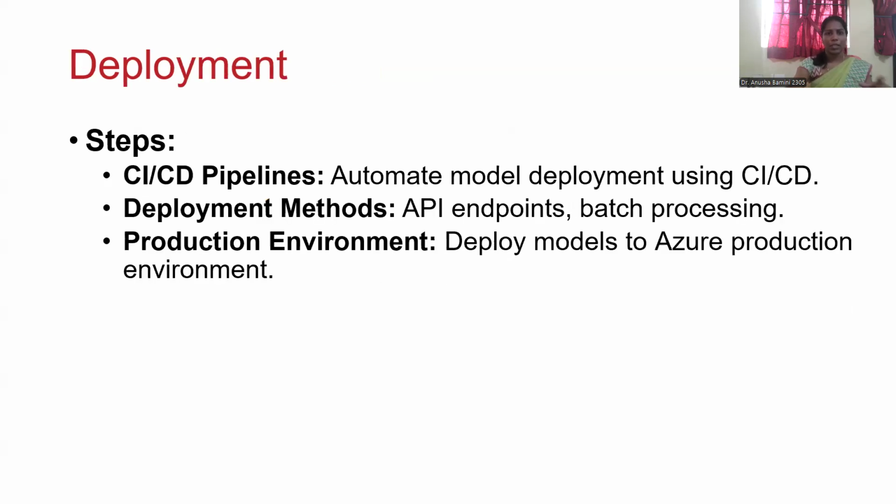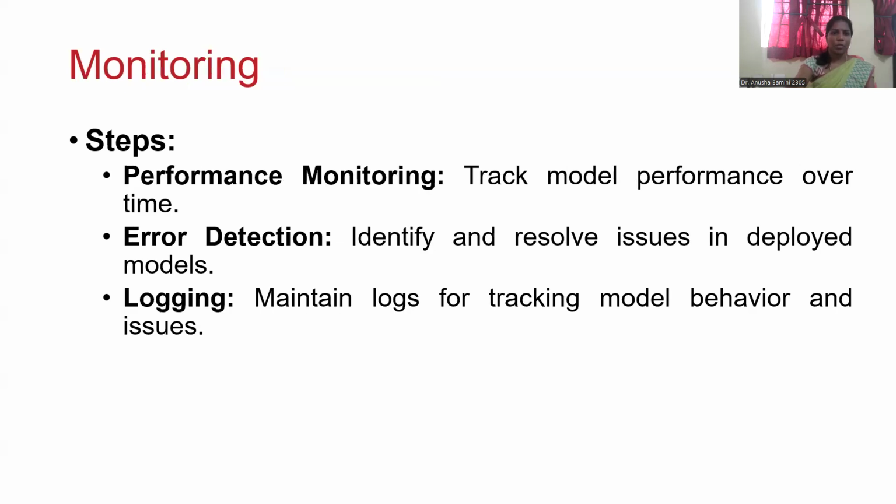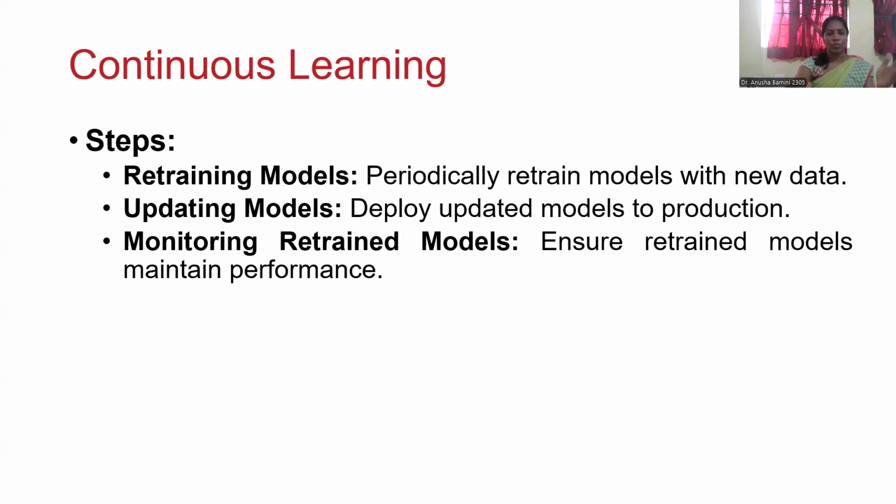In deployment, you need a CI/CD pipeline and a production environment to get the API endpoint and batch processing. Finally, the model's performance is monitored using the metrics, errors are detected, and a log is maintained for tracking the model behavior and issues. From this, continuous learning is carried out using the model.